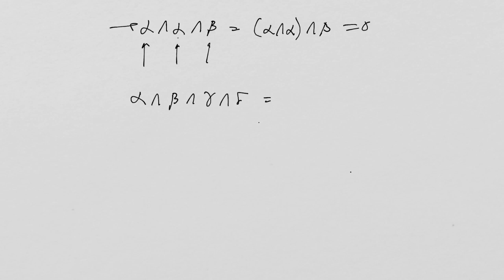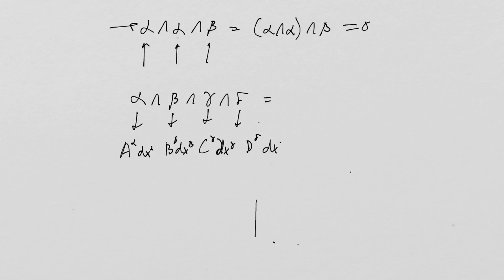Let me just, these guys are going to be replaced with their component forms, right? So the component forms will be A_alpha dx^alpha, B_beta dx^beta, C_gamma dx^gamma, and D_delta dx^delta.